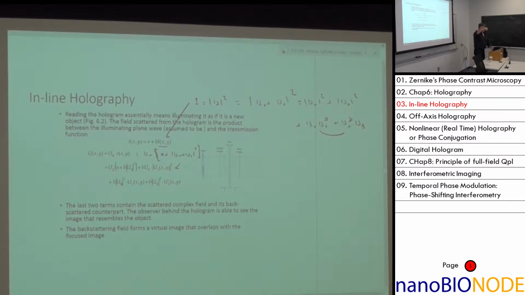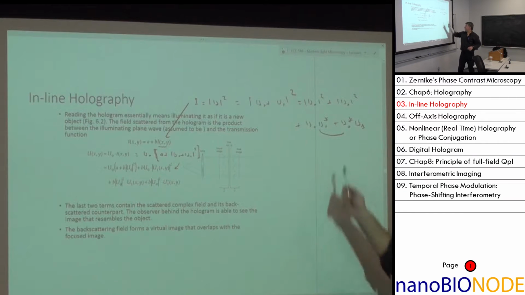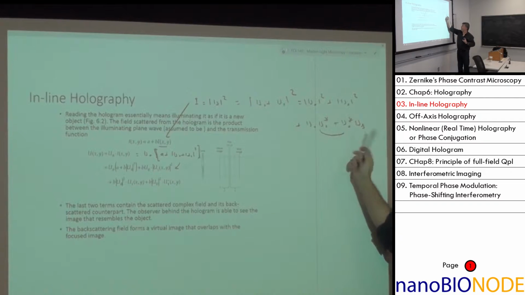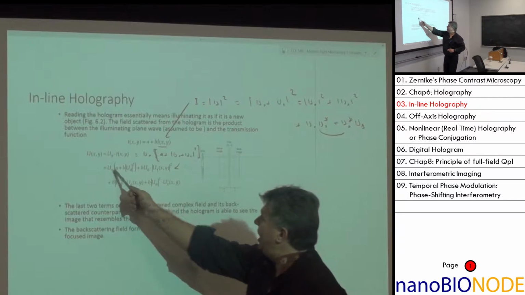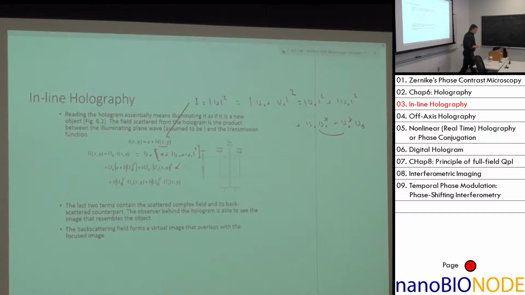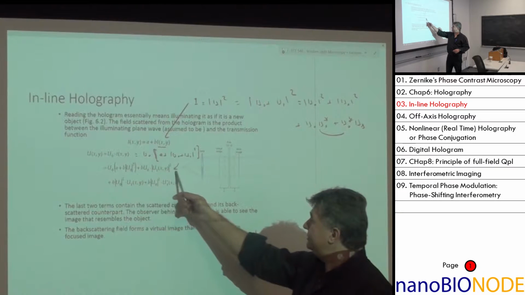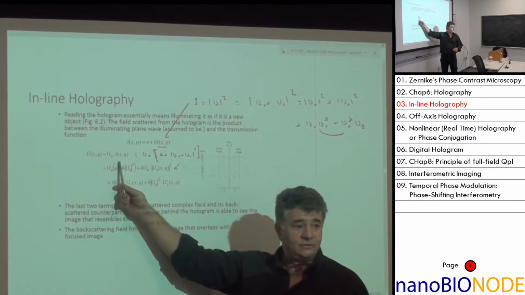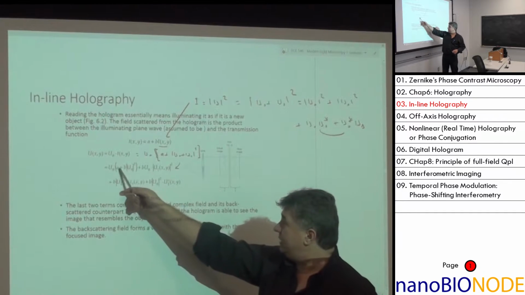So this together gives you 2 times the real part of blah, blah, blah. This one gives you the cosine, right? But I want to keep it like this because now when I multiply with U0, I want you to see exactly what's going on. And what's going on is that I get these intensity terms. You see no phasing here because everything is magnitude.